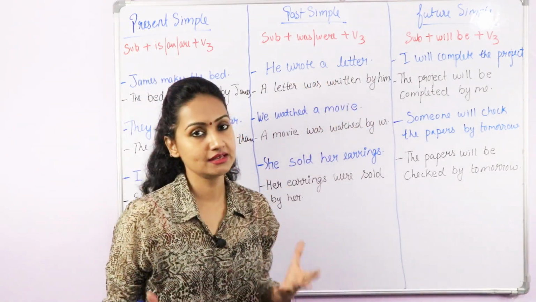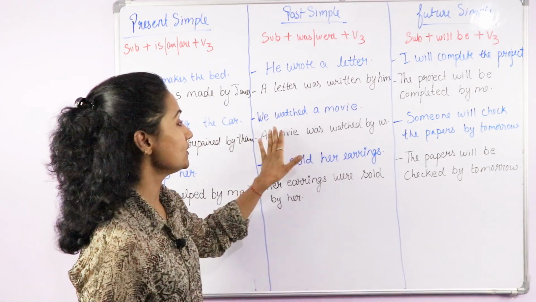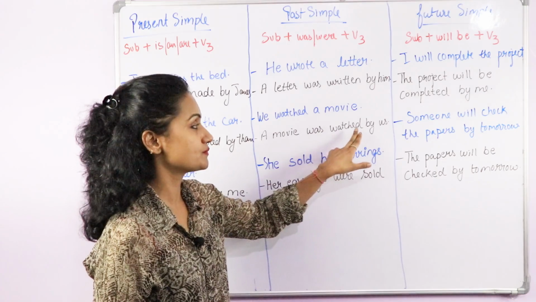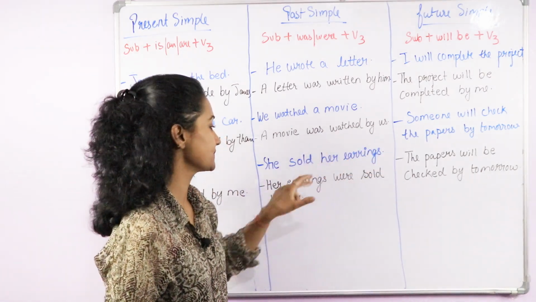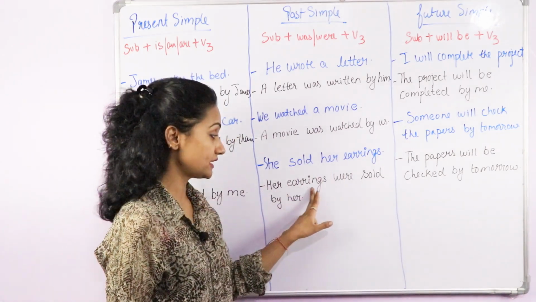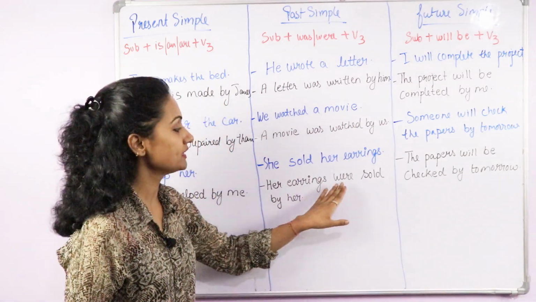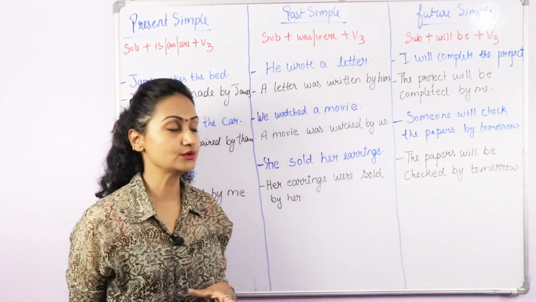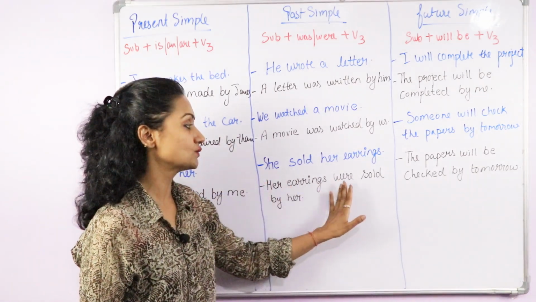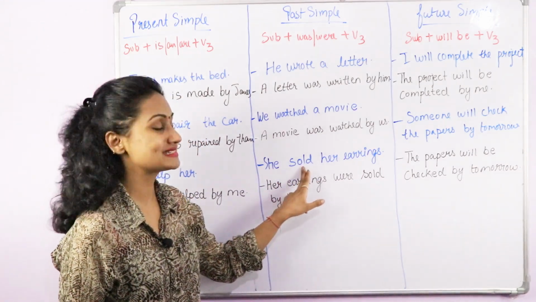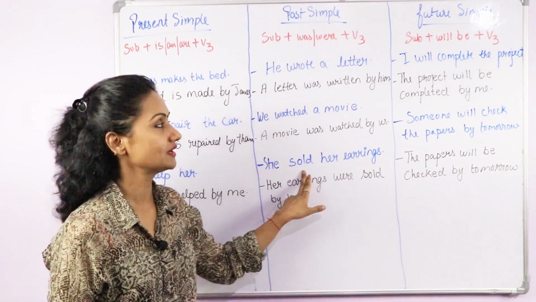He is replaced by him. We watched a movie. A movie was watched by us. She sold her earrings. Her earrings, plural. So with plural we will not use was, we will use were. Her earrings were sold by her. So third form, sell, sold, sold.